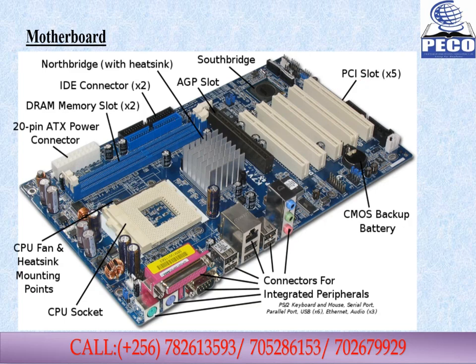We can't label all of them, but they are all found within the motherboard. And to remind you, most electronic devices, like a TV or a smartphone, have a motherboard where small components are mounted.